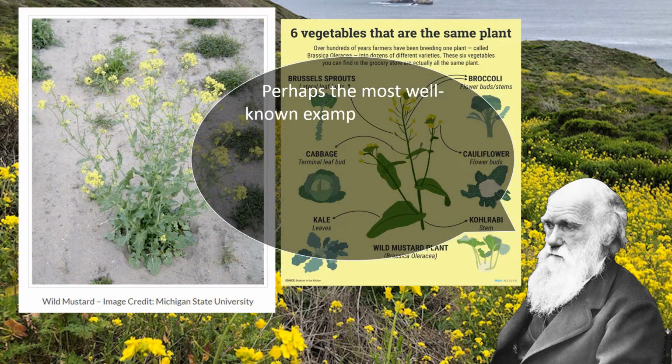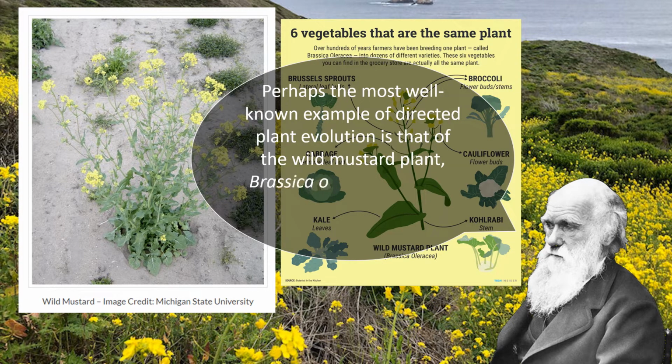Perhaps the most well-known example of directed plant evolution is that of the wild mustard plant, Brassica oleracea, and the many vegetable crops derived from its anatomy.